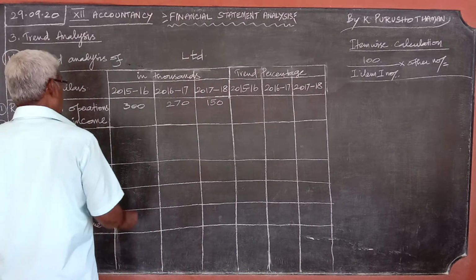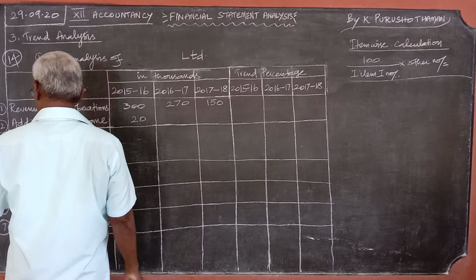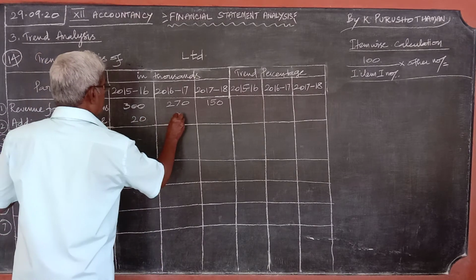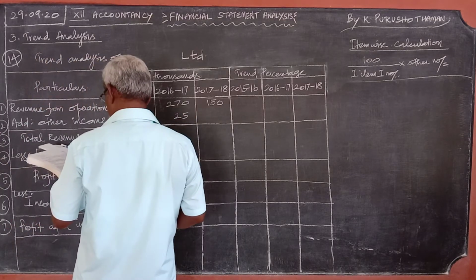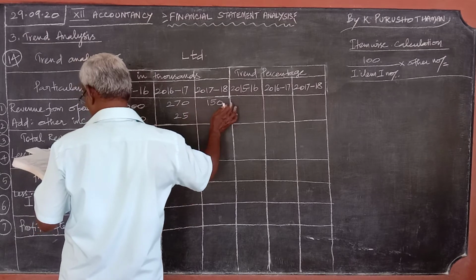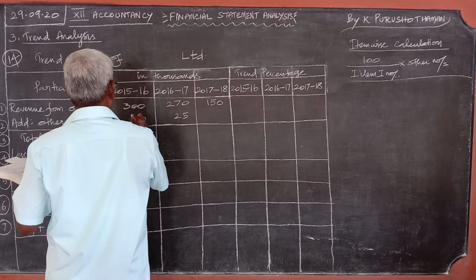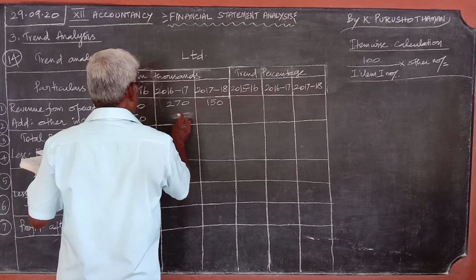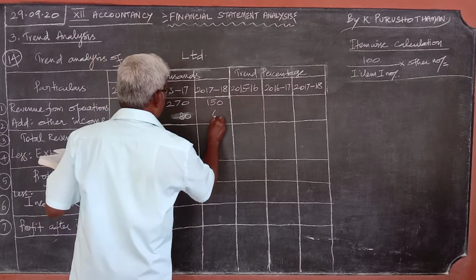Other income is an increasing trend: 50, 80, 60.